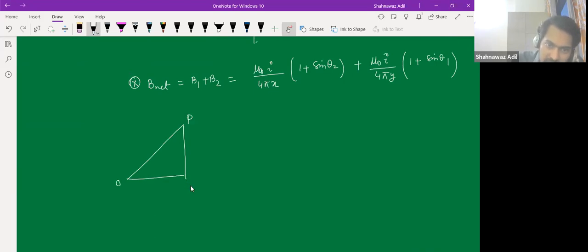This is y, this is x, this is theta 1. So this is the hypotenuse, right? So this hypotenuse would be how much? Root of x square plus y square. Right, guys?